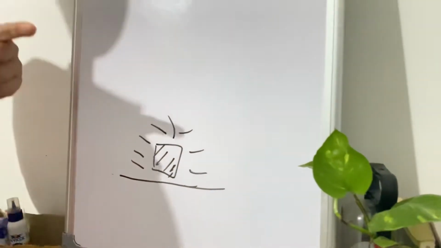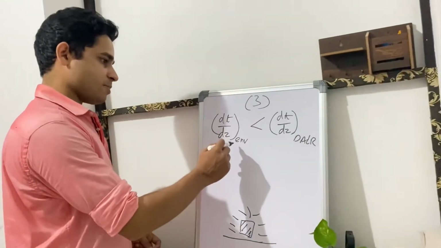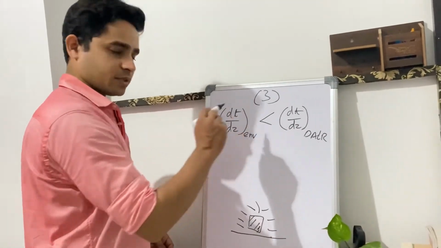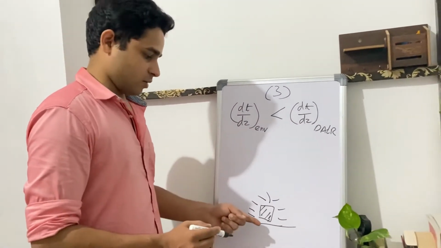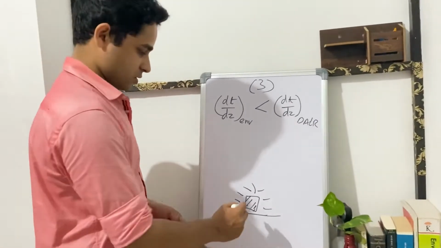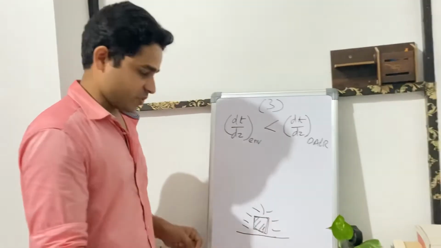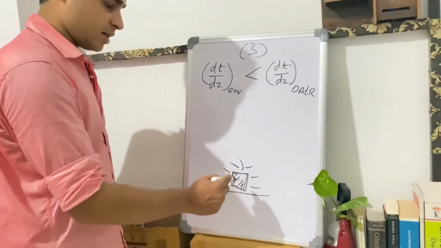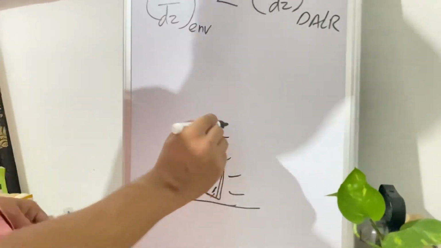I repeat, in the third condition, when environmental lapse rate is less than dry adiabatic lapse rate, the air parcel of concern in this box, when it goes up, the temperature within it decreases to an extent. For example, it decreases by about 5 degrees Celsius.